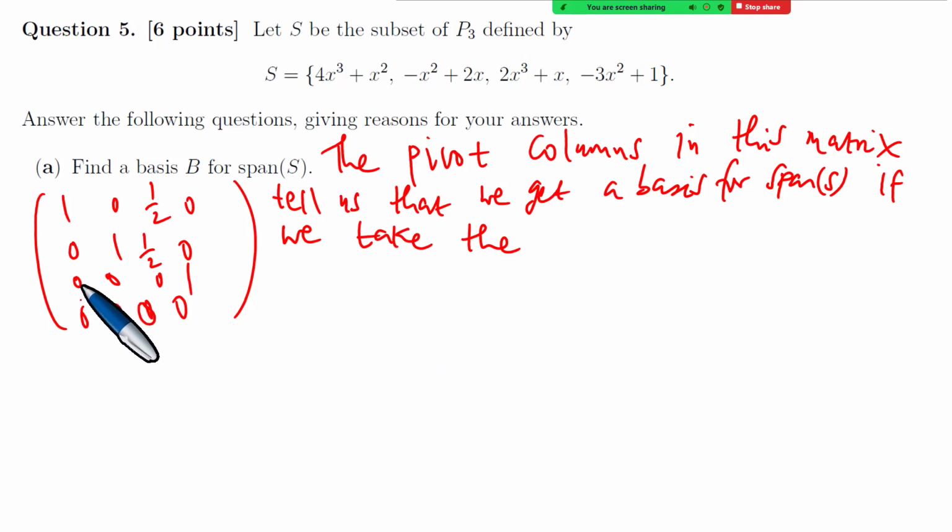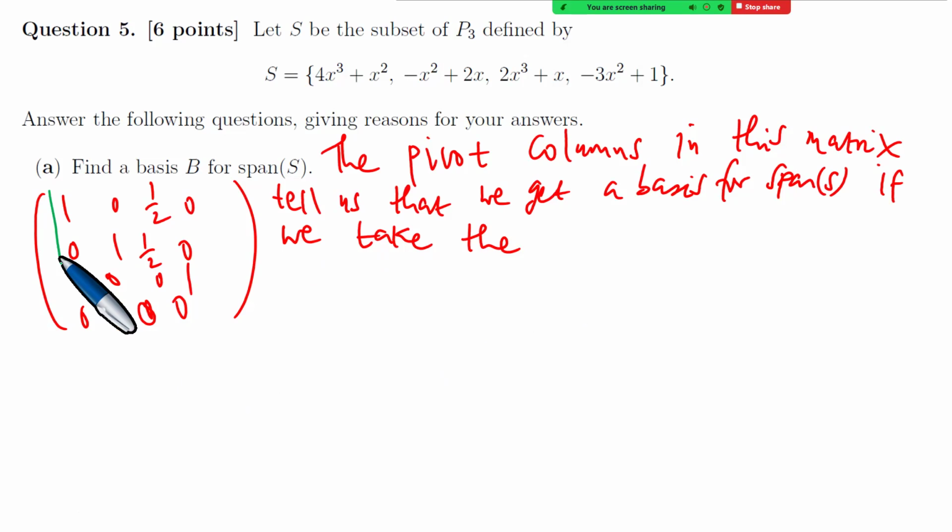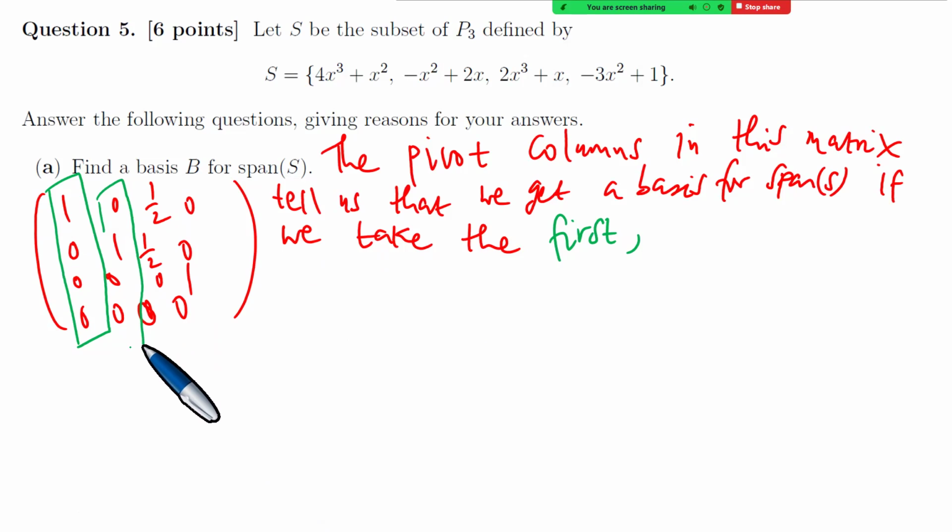Now let us look at the pivot columns. This one contains a pivot, so it's a pivot column. So if we take the first, and also the second contains a pivot, so take the second. And then what else right now?